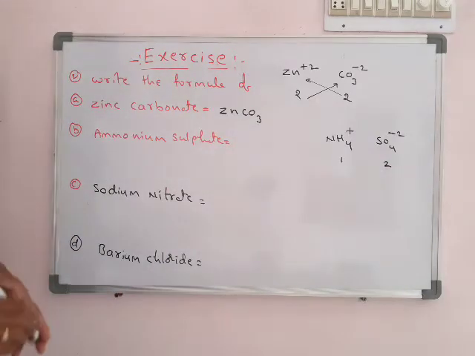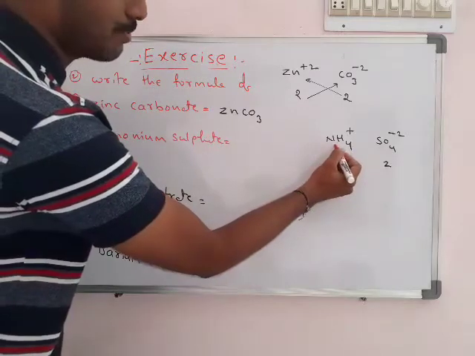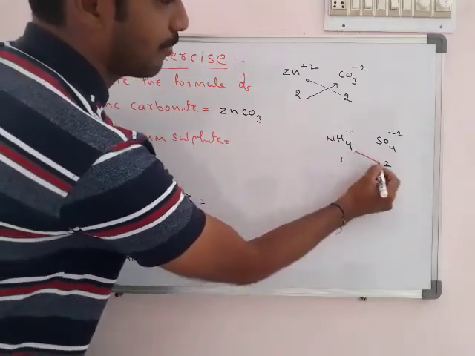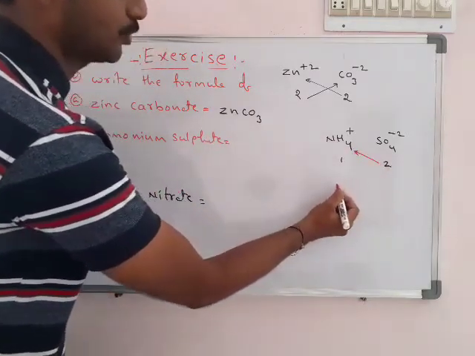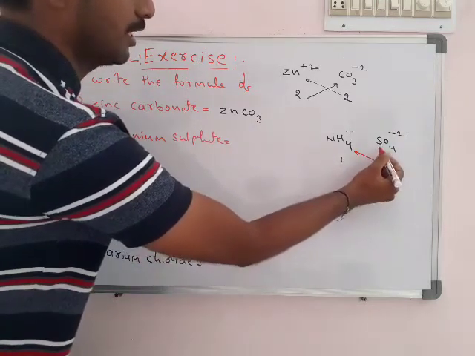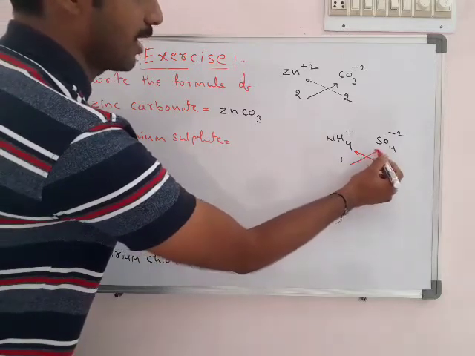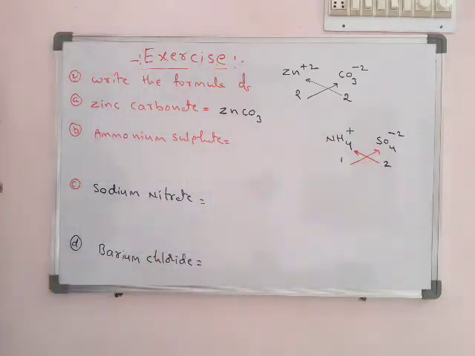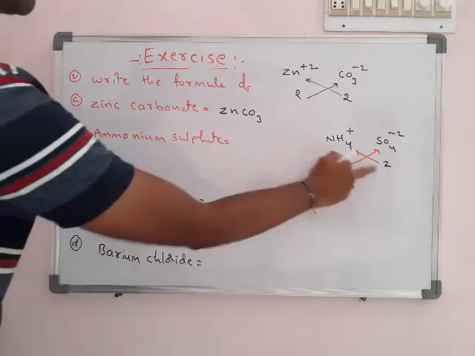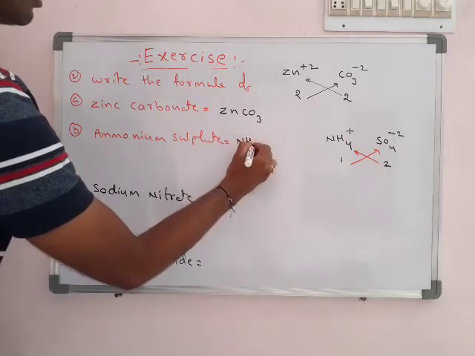In the crisscross method, the positive ion is multiplied with the charge of the negative ion, and the negative ion is multiplied with the charge of the positive ion. So now what will be the formula? Ammonium is 2, sulfate is 1.